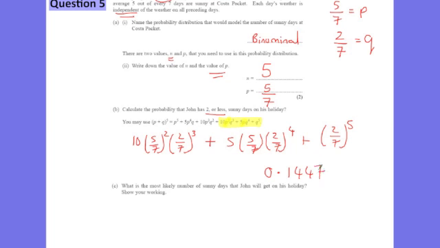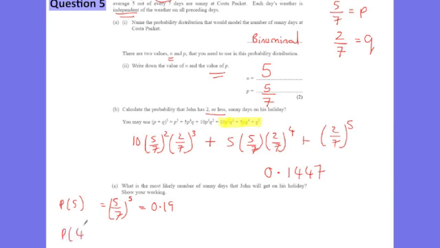What is the most likely number of sunny days that John will get on his holiday? So he could get 5 days, all the days being sunny. And we can see here, in the binomial expansion, that's when the probability is 5 over 7 to the power of 5, which is 0.19.